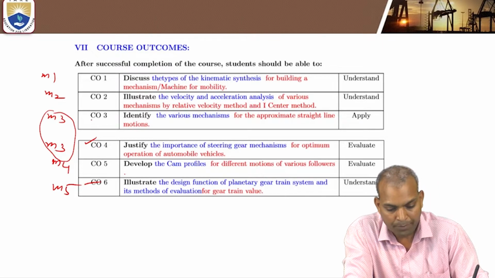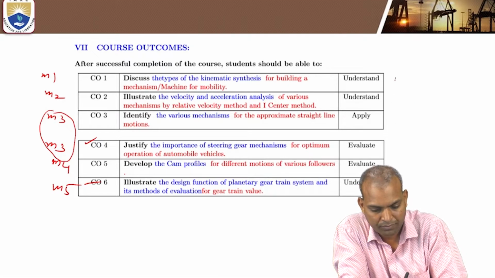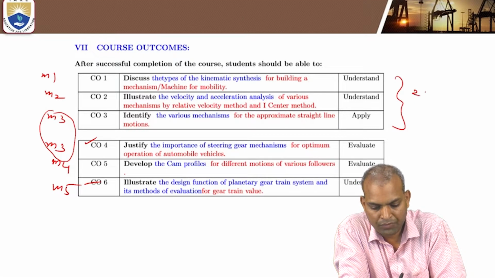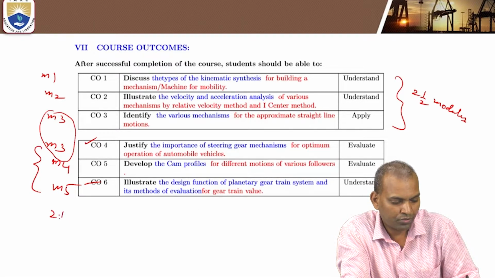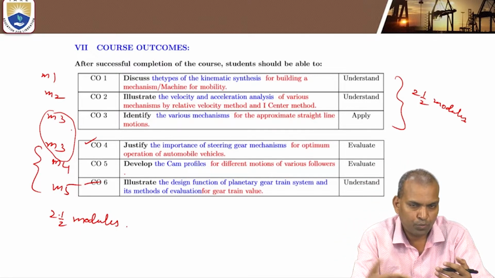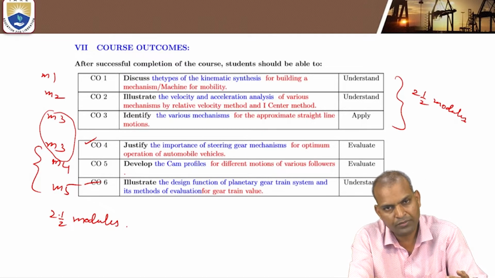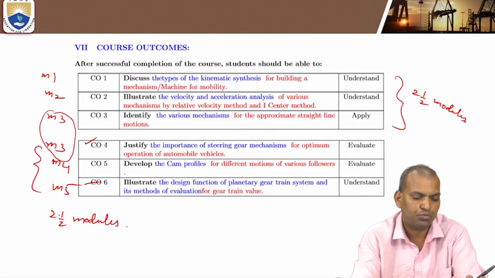Why? Because according to our curriculum, for CIE 1, 2.5 modules will be in the syllabus, and CIE 2 covers the remaining 2.5 modules. So that's why CO3 is separated into two parts. Half goes to CIE1 and half goes to CIE2, Continuous Internal Evaluation Test 2.